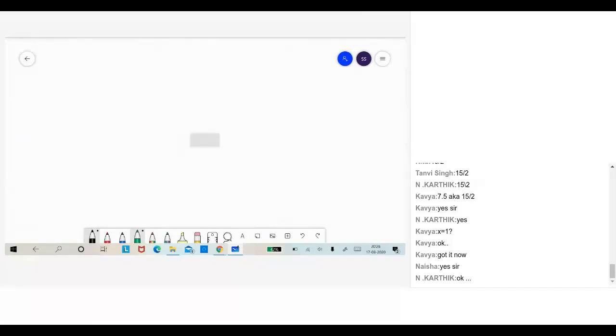In today's session, what you need to remember is, first, what is a linear equation? Then, what is a linear equation in one variable?